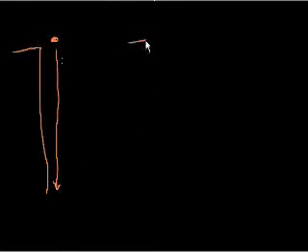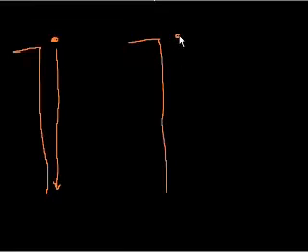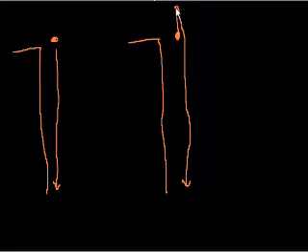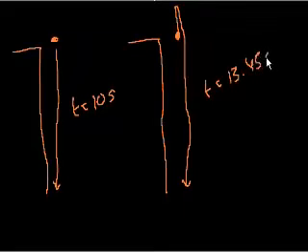In the second case, the penny first went up, and then it went down. So it had all the time when it went up, and then it went down a longer distance. So it makes sense that this time is 10 seconds, while this time was 13.45 seconds.